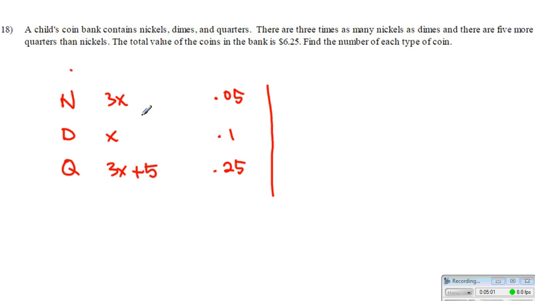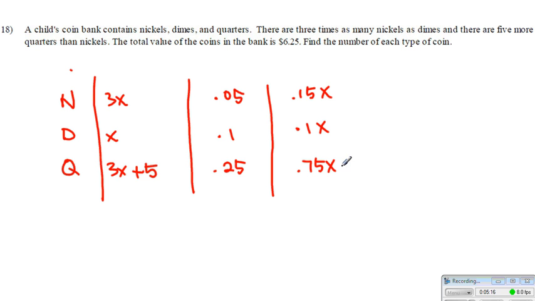And then values will be, when you multiply these two things, we end up getting 0.15x, here 0.1x, here we get 0.75x plus 1.25. When you add them all up, then we end up getting 1x, 0.75 plus 0.15 plus 0.1 becomes 1x plus 1.25 is equal to 6.25.